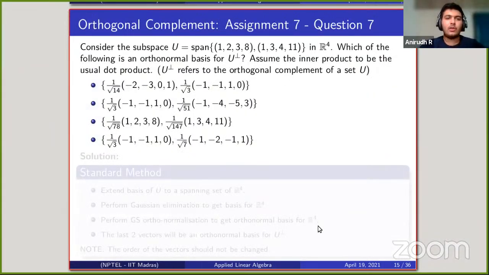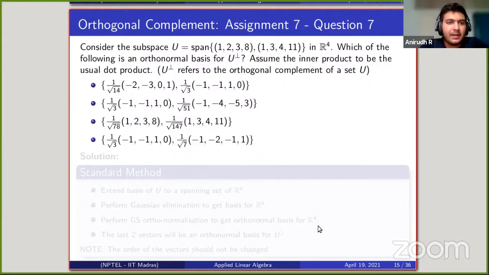Next, we talk about orthogonal complements, which is question 7 from assignment 7. We are given a subspace U, which is a span of 2 vectors. These 2 vectors are obviously linearly independent. So these 2 vectors are actually one of the bases of the subspace U, and we are inside vector space R4.